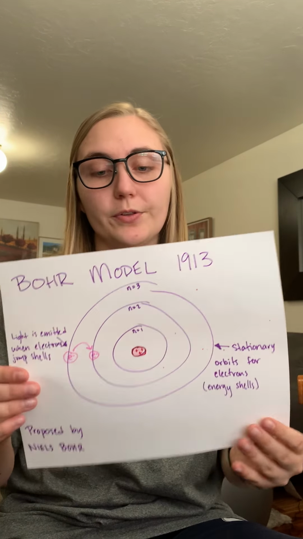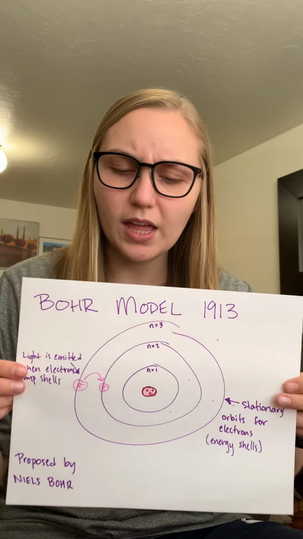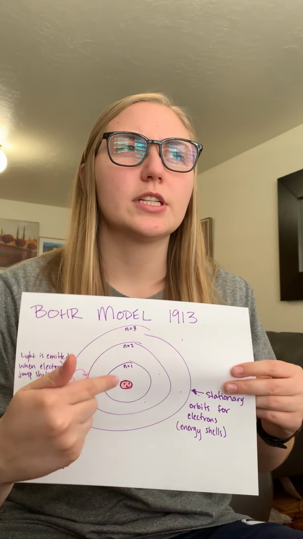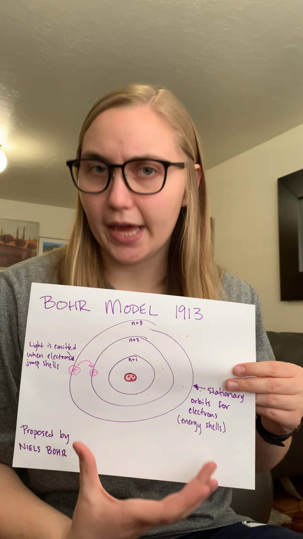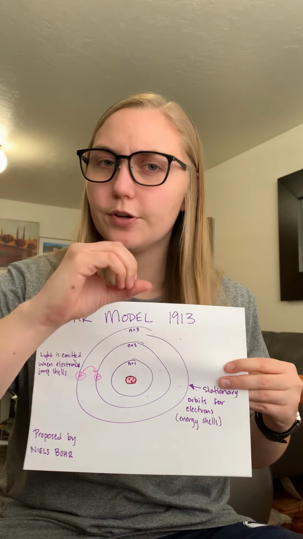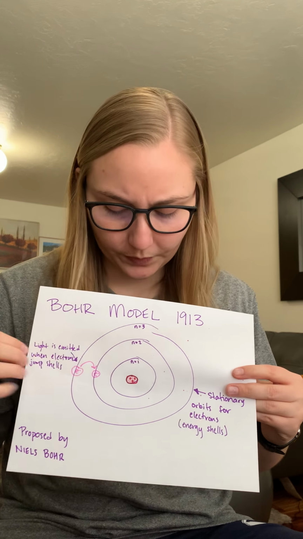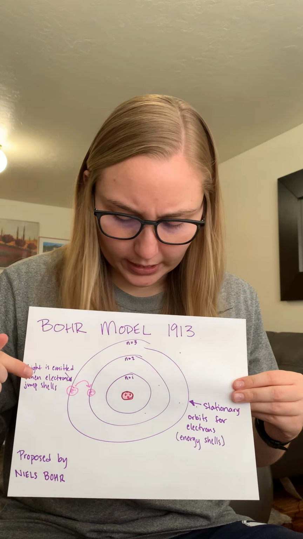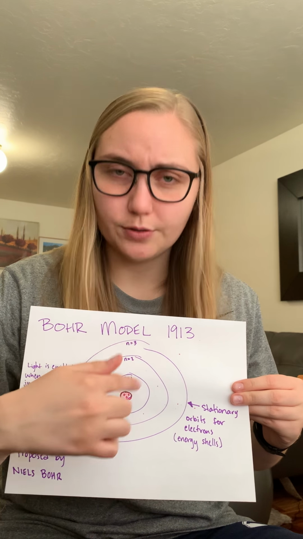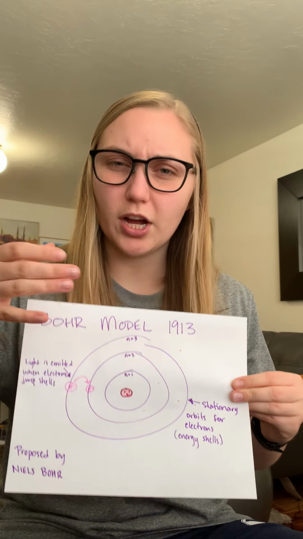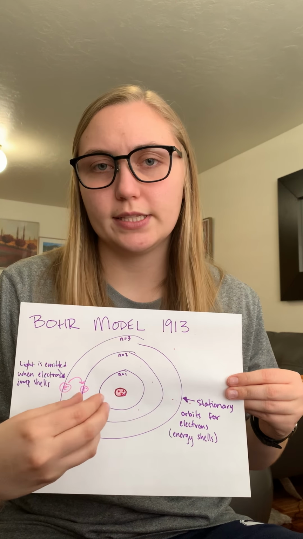He proposed the Bohr model in 1913. And he said, there's got to be an order to this chaos, right? He still had that positively charged nucleus in the center, but he called the areas around it stationary orbits. He said that the electrons have got to stay in these stationary orbits.